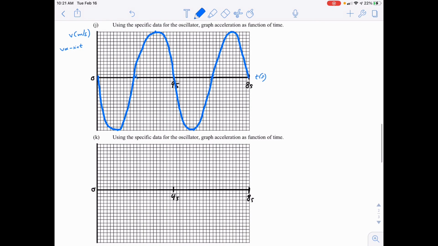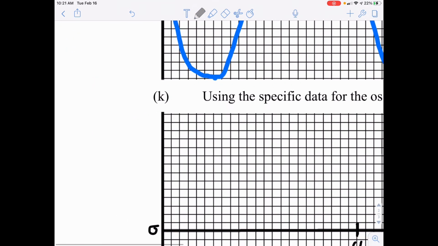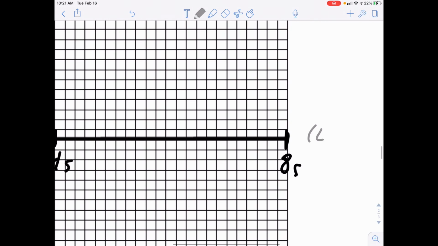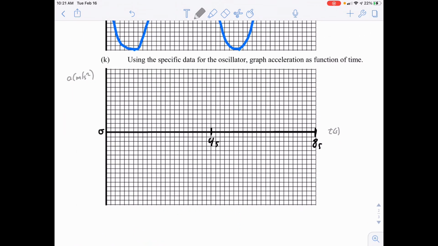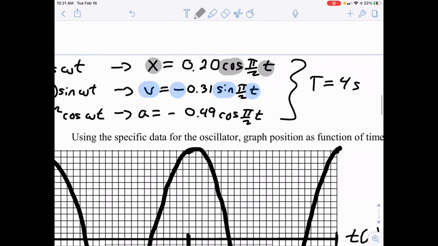Okay, and lastly, we're going to work on acceleration. So now acceleration was measured in meters per second squared. Time measured in seconds. And if we look back at the acceleration function, acceleration varies with the negative of the cosine.